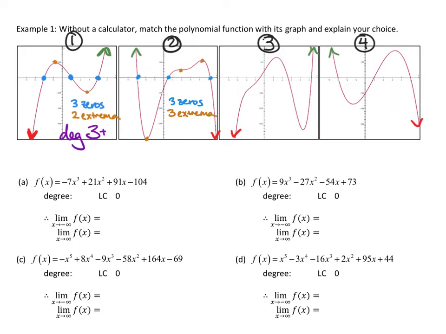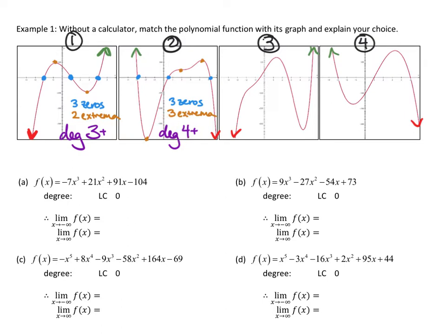That means from that theorem that this has to be a degree 4 or more, because it has to be 1 more degree than the number of extrema. It can be up to the number of zeros, but it has to be 1 more than the number of extrema. The first one had 2 extrema, so 1 more would be 3 or more. With 3 extrema, through 3 maxes or mins, it has to be 4 or more.